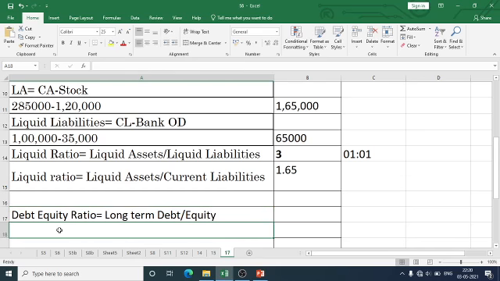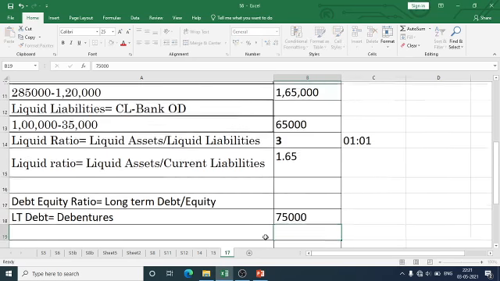Now long term debt in the problem is only the value of debentures, so it is given in the problem. So debentures are worth rupees 75,000. It's given in the problem.